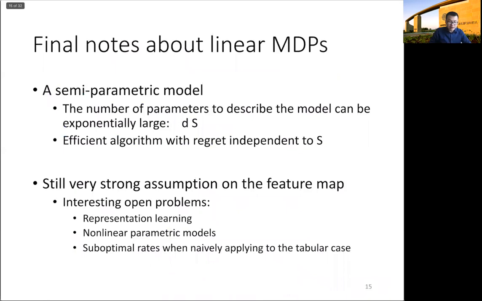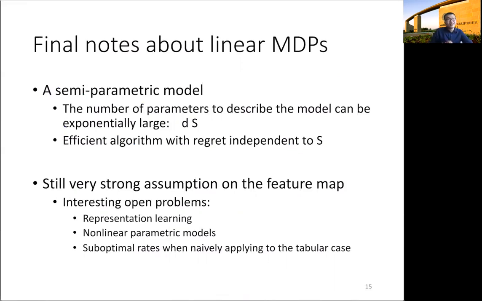All right, before I wrap up the section, I wanted to say a few last words about linear MDPs and about the chapter on exploration. First of all, I think linear MDP is a pretty good model. It is good because it is not completely parametric.